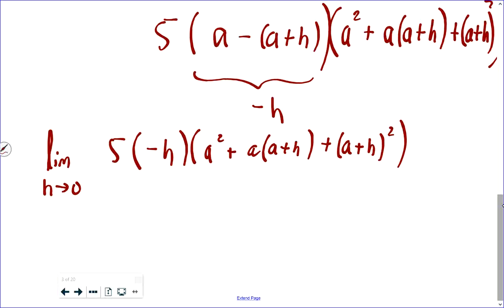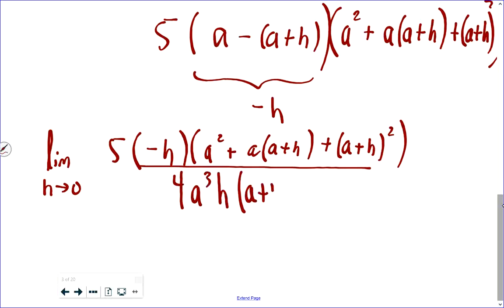And the bottom, it's been a while, but I'm pretty sure we had a 4, an a cubed, an h, and an a plus h cubed. Is that what we had? Pretty sure. The h, of course, cancels, leaving a negative, which I'm just going to put on the 5.